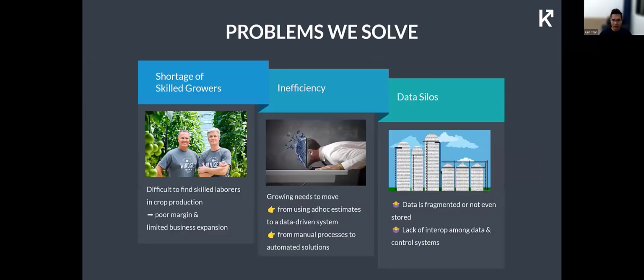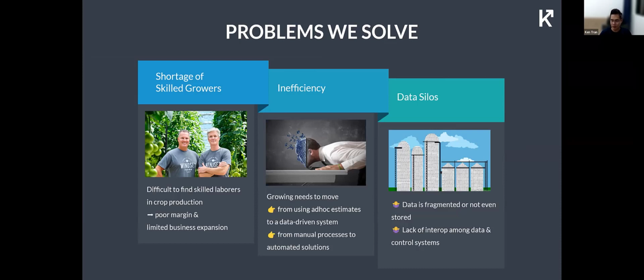So within the CEA space, the key problems that we solve include the following. Number one is the shortage of the skilled growers. I believe that many of you here already know this problem. And even with the skilled growers, there are still a lot of inefficiencies in growing because growing today is still manual, is still based on experience and quite ad hoc and not yet data driven, not yet automated.